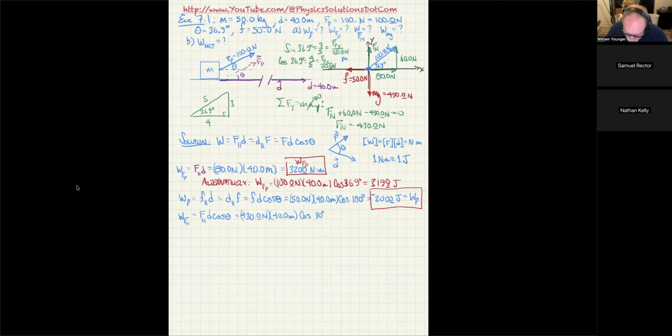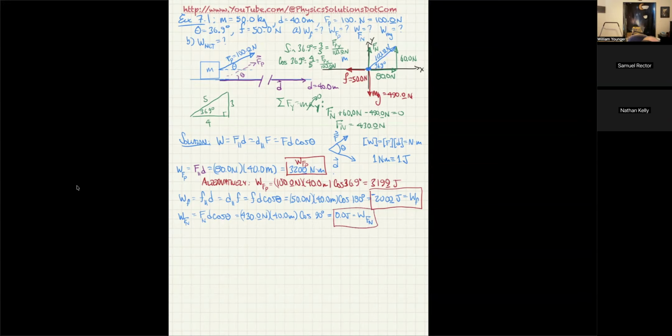Notice I didn't draw an arrow on the end of my theta there because we haven't found the usefulness to make the difference between theta pointing up or theta pointing down. So we're just going to say it's cosine of 90. And of course, the cosine of 90 is equal to 0. So that means the work done by the normal force is 0.0 joules. I said friction force, sorry about that.